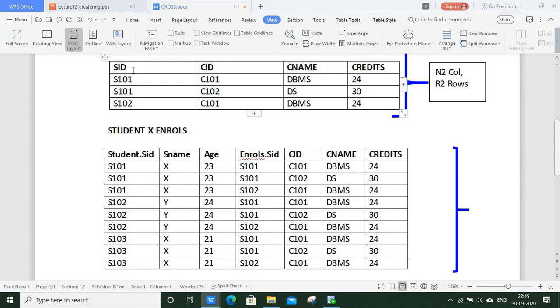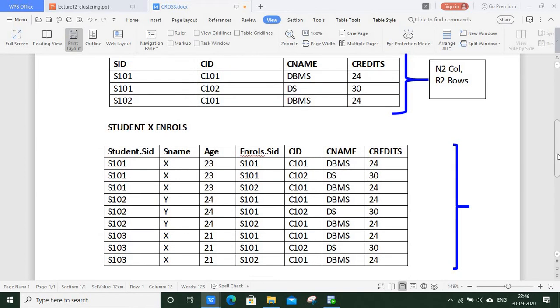To resolve this issue, we need to put the name of the table together with the name of the attribute that is duplicate in the two tables, separated by the dot operator. So all the duplicate columns present in the two tables should be written in this way, that is, table name dot column name. All the other attributes that are not duplicate can be written as they are. In this way we can tackle duplicate columns.